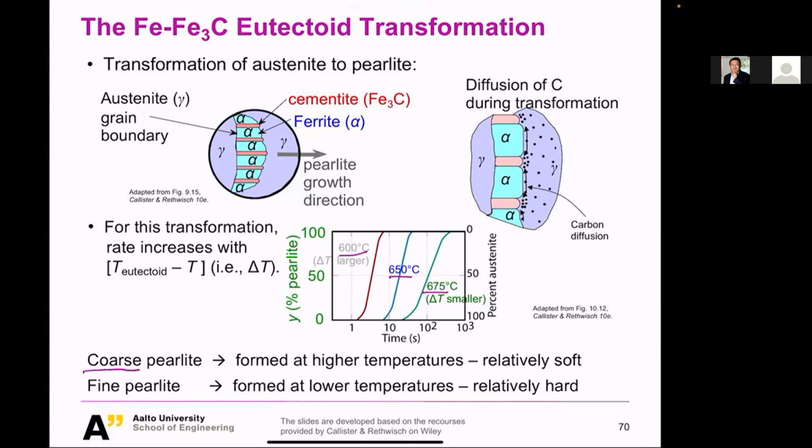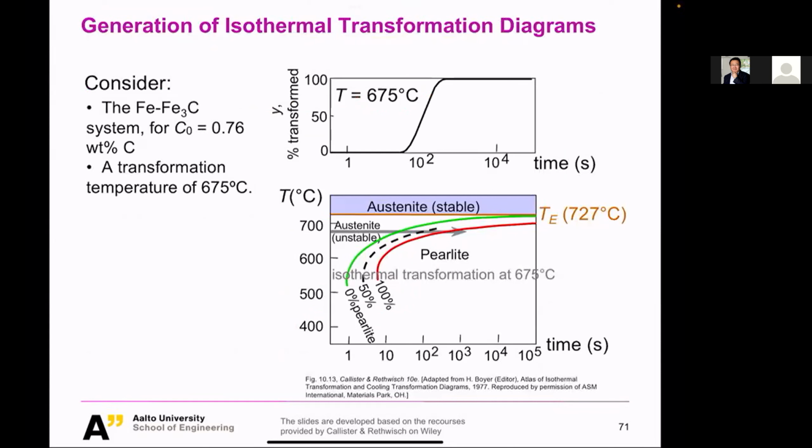So coarse means rather large pearlite, and that is going to be relatively soft. Maybe remember what is the reason for the soft and hard? The second hardening mechanism of our metallic materials. The first is solid solution, and the second is grain refinement, right? All right. That was an example about eutectoid transformation.